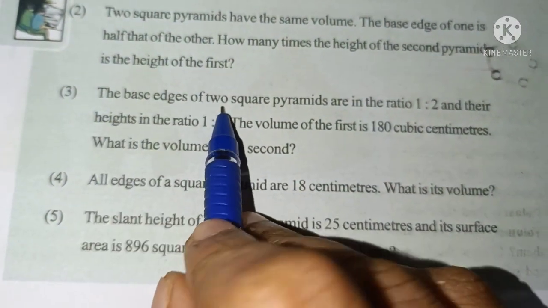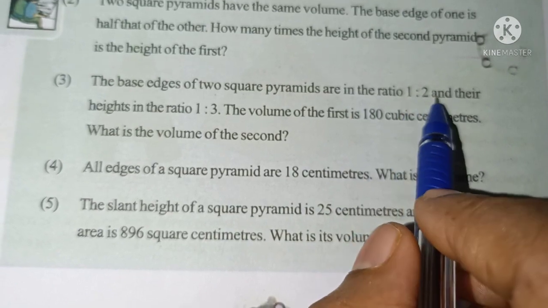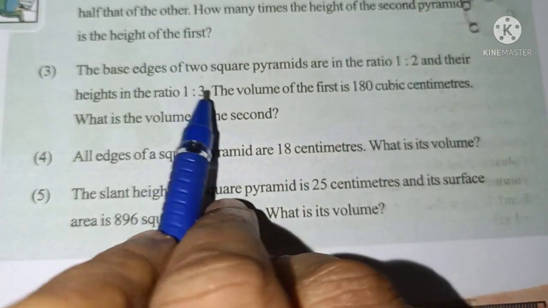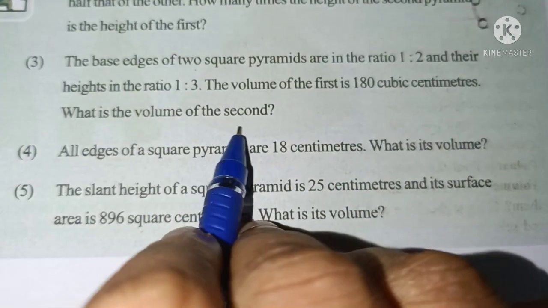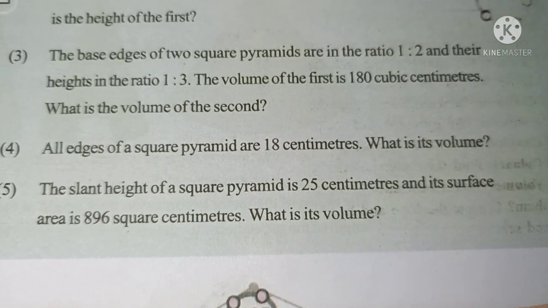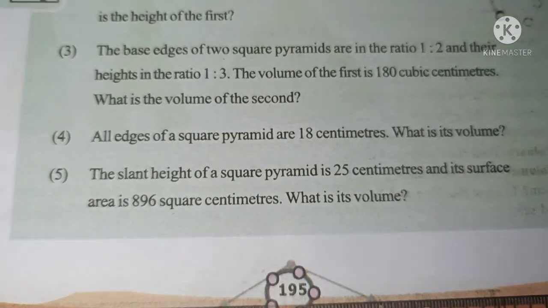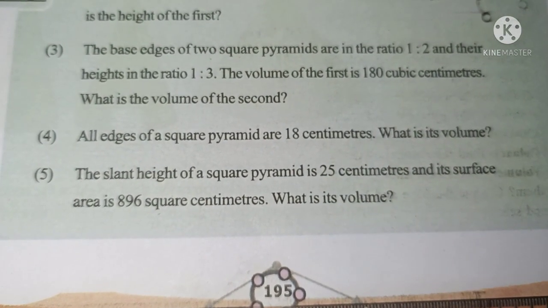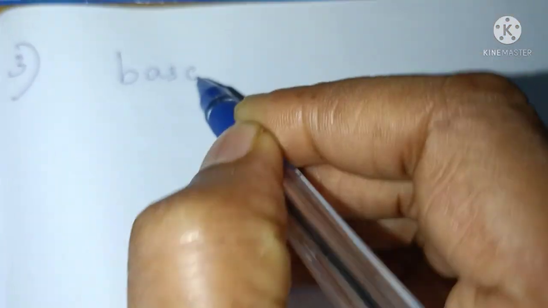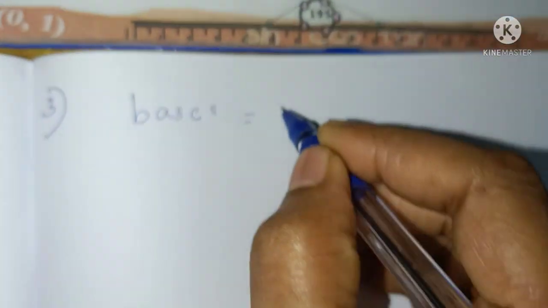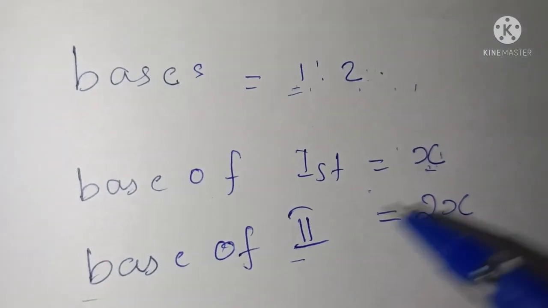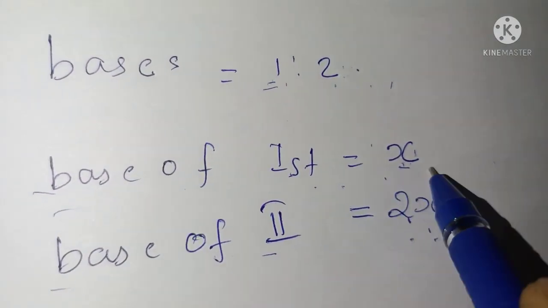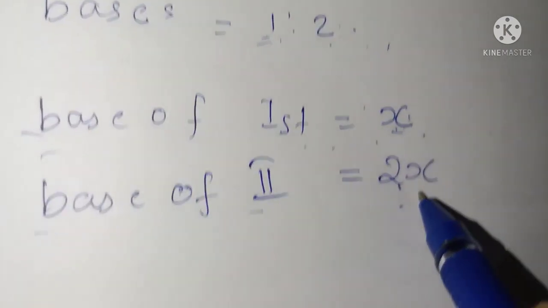Next, third question. The base edges of two square pyramids are in the ratio 1:2 and their heights are in the ratio 1:3. The volume of the first is 180 cubic centimeter. Then what is the volume of the second? Here the bases are in the ratio 1:2, so take the first one's base as x and the second one's base as 2x.